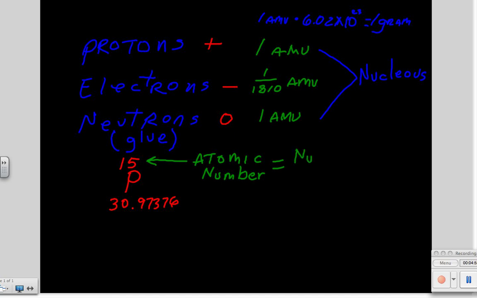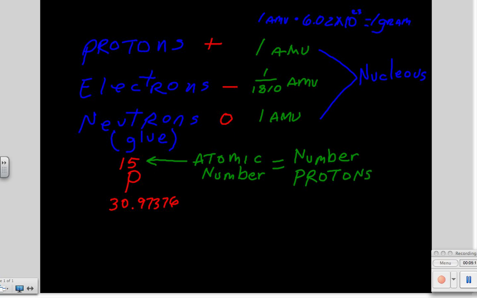Looking at this symbol, what identifies phosphorus as phosphorus is the fact that it has 15 protons. I change the number of protons, I change the element.